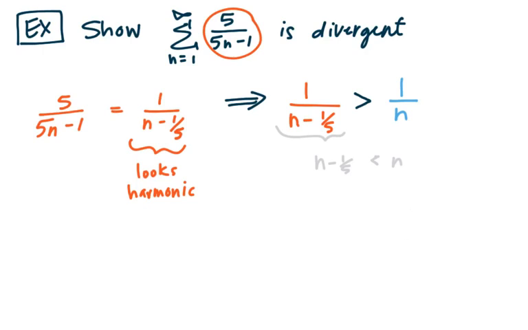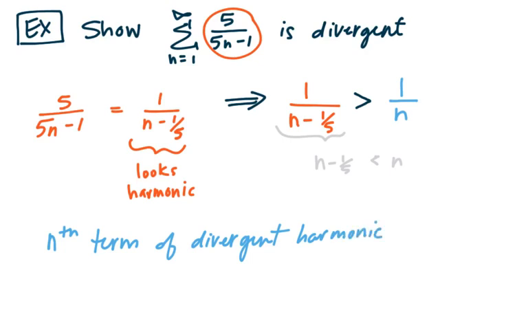So in this case, the nth term of the divergent harmonic series 1 over n is always less.